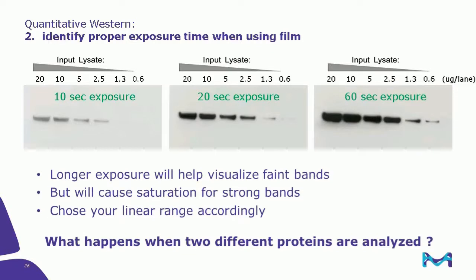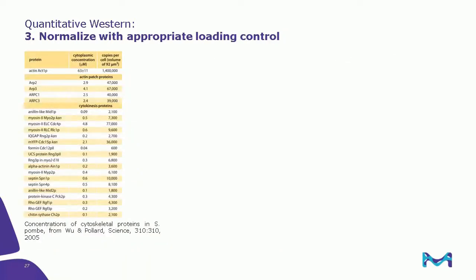Now, I'd like to touch base on normalization and the issue of linearity when you're measuring 2 different proteins. It is important to keep in mind that there is a wide variability in the expression level of proteins in any biological system. Here's an example taken from a Science paper where the expression levels of different cytoskeletal proteins are shown.